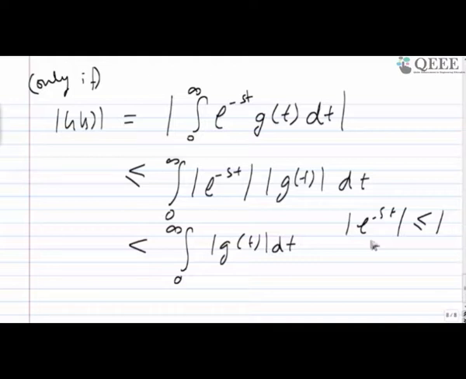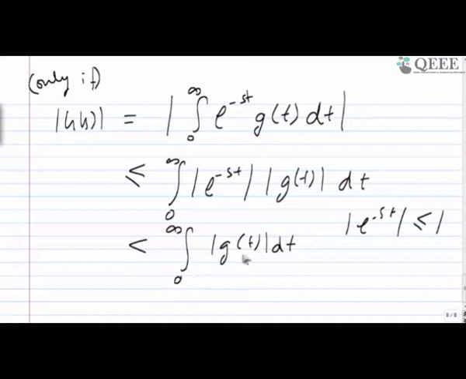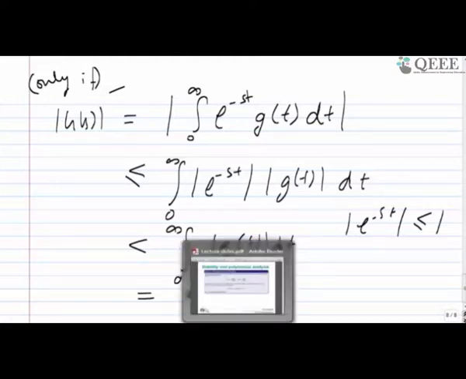Okay, and this, if my system is asymptotically stable, means that this is equal to A, which is a finite number. So this proves the only if statement, and this says that if and only if the roots of the equation lie in the left half plane, my system is internally stable.